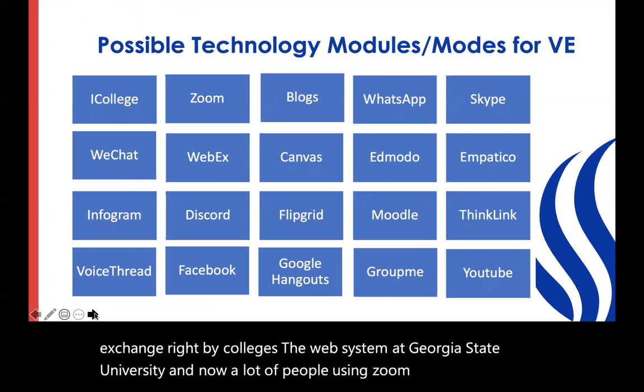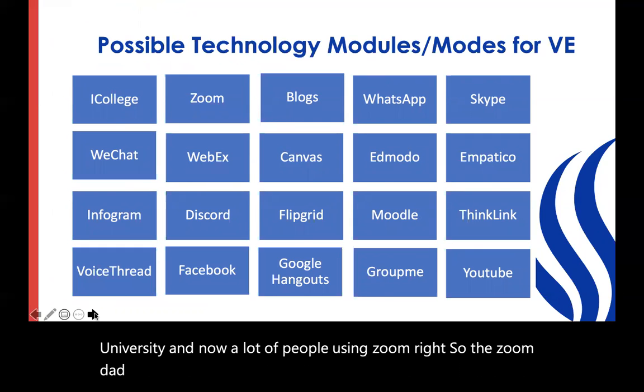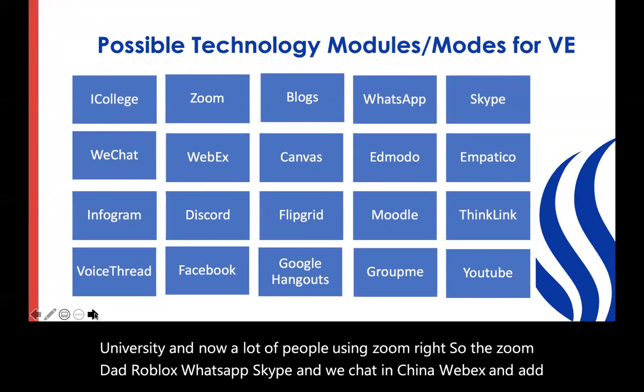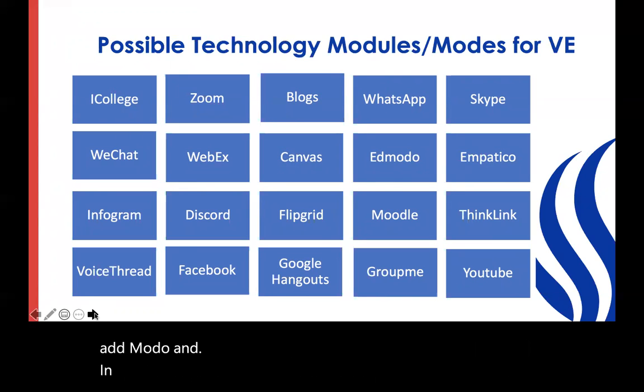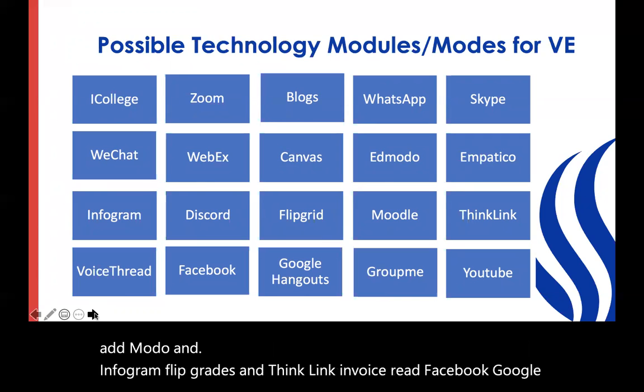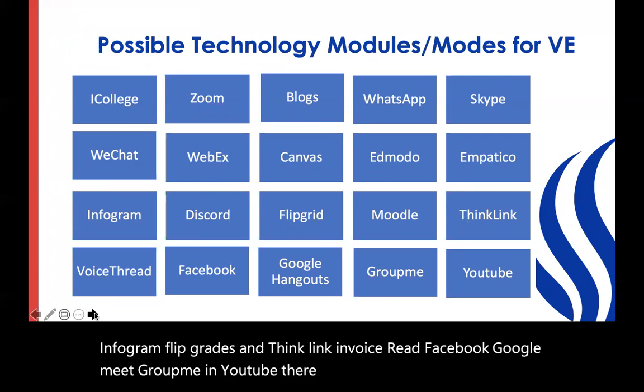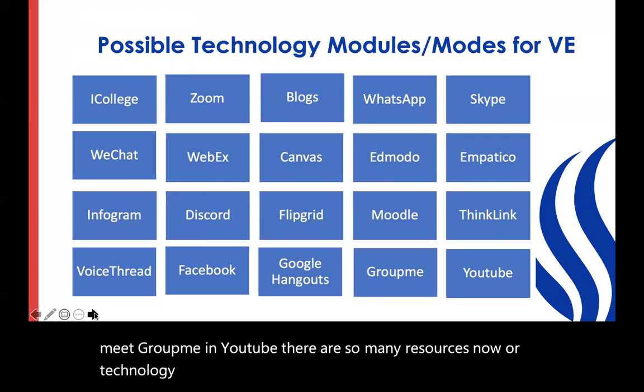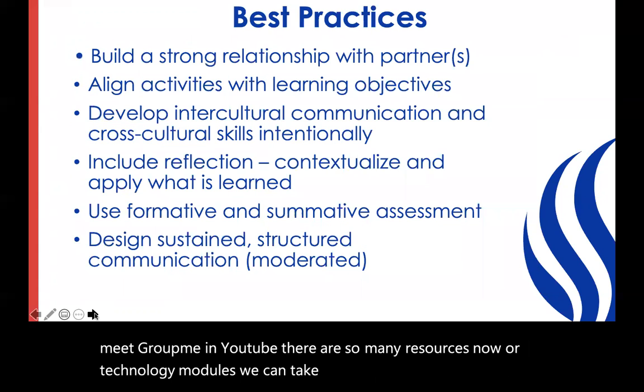So Zoom, EduBlocks, WhatsApp, Skype, and WeChat in China, WebEx, Edmodo, Infogram, Flipgrid, ThingLink, VoiceThread, Facebook, Google Meet, GroupMe, and YouTube. There are so many resources, or technology modules, we can take advantage of for virtual exchange.